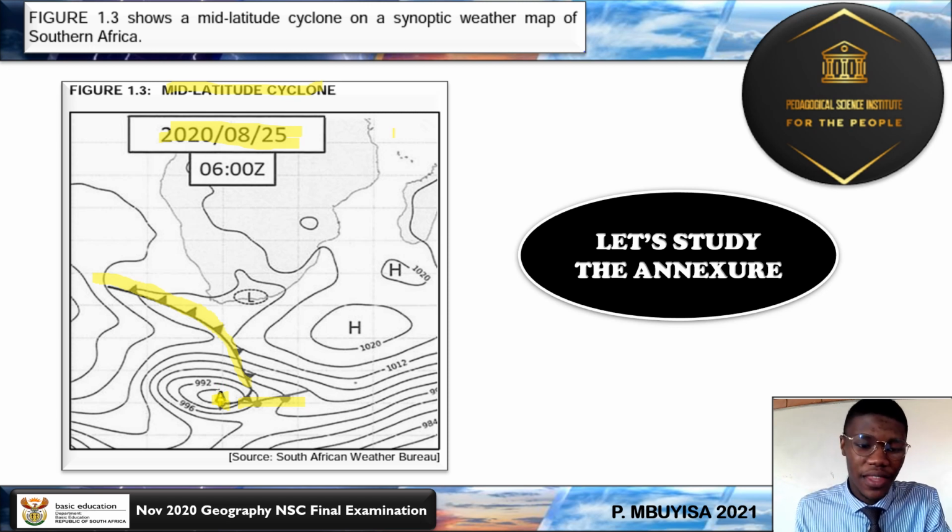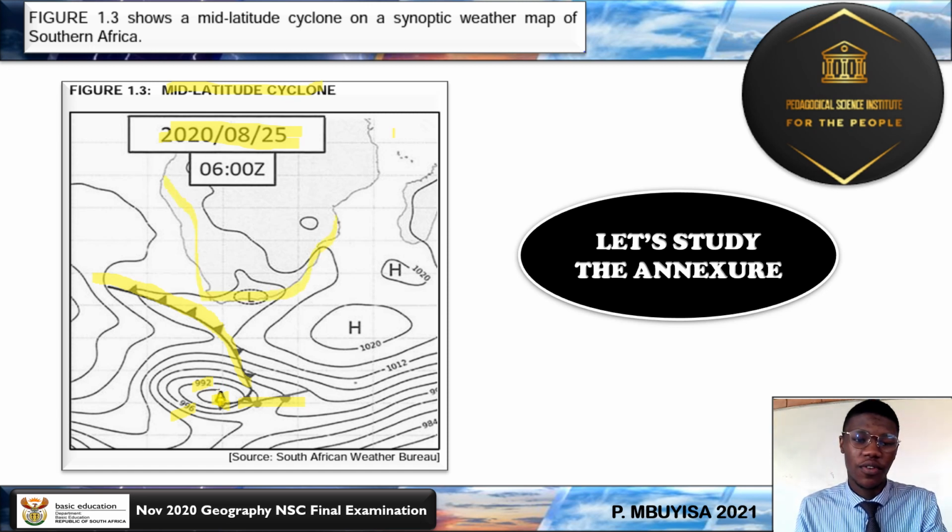And if you observe the pressure here, we have 996 hectopascals. We have 992 hectopascals. So those are some of the features that you can identify from the annexure here. And we have South Africa along the borders.